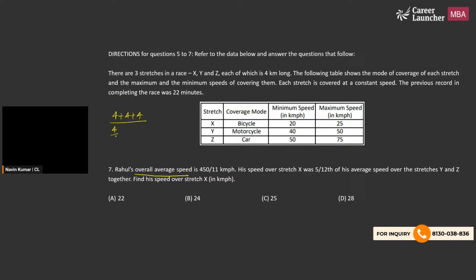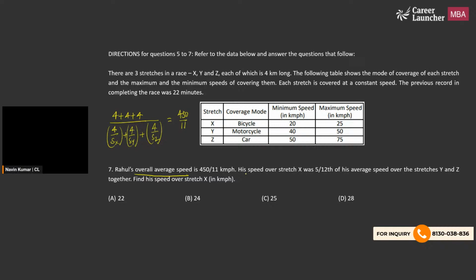The time taken on stretch X is 4 divided by speed on stretch X, on stretch Y it is 4 divided by speed on stretch Y, and on stretch Z it is 4 upon speed on stretch Z. This is given as 450 upon 11, right?